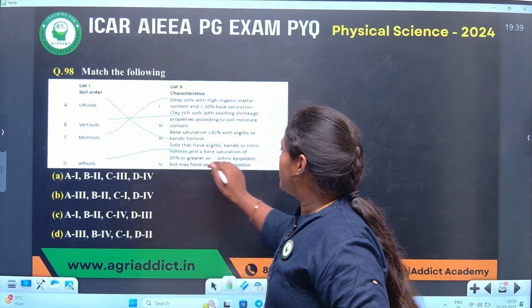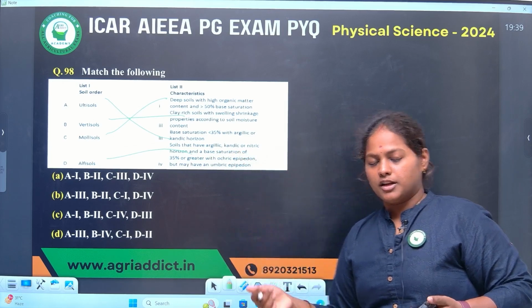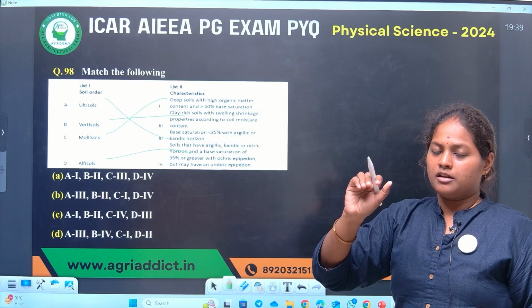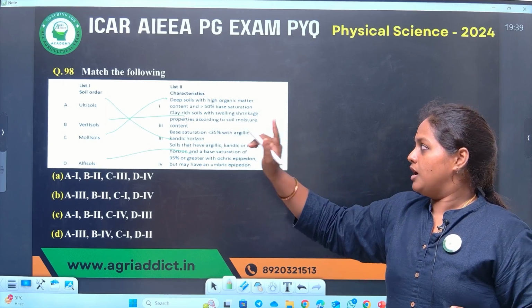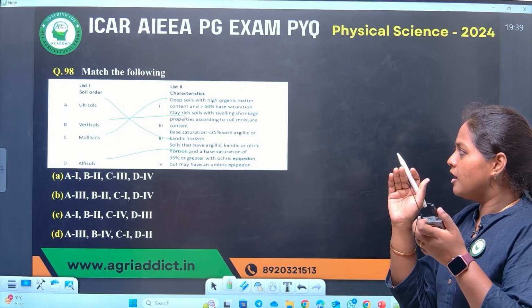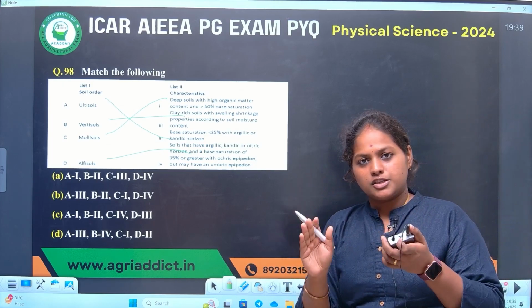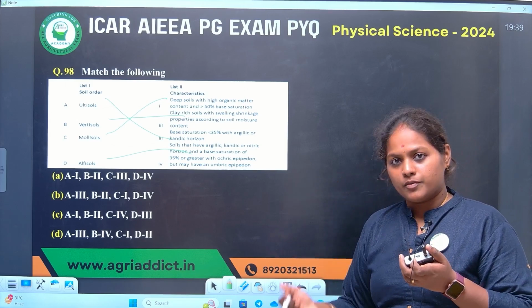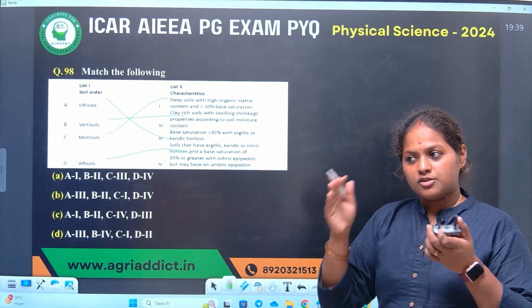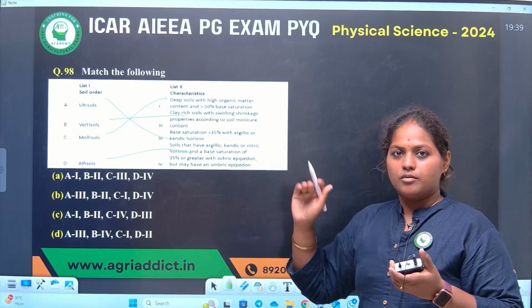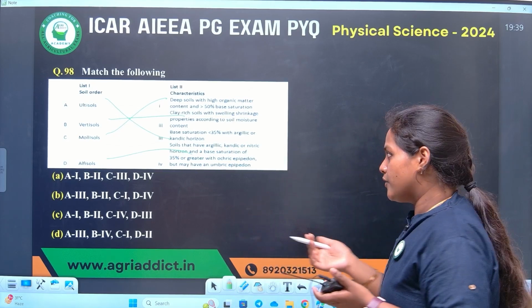Alfisols, argillic horizon, base saturation of more than 35%. See how I am telling the main character, like that you should be able to tell. Ultisol means base saturation is less than 35%. Alfisol means base saturation more than 35%. Vertisol, black soils should come into your mind. Swelling shrinking nature. Mollisol, more organic matter, more than 50%.